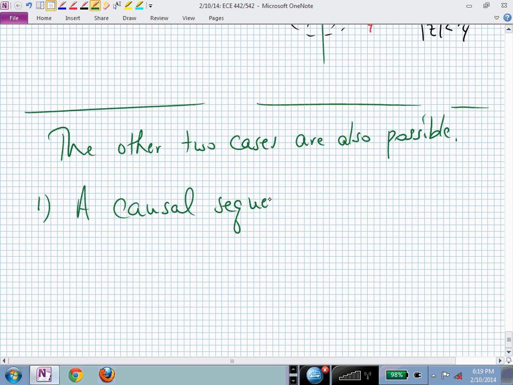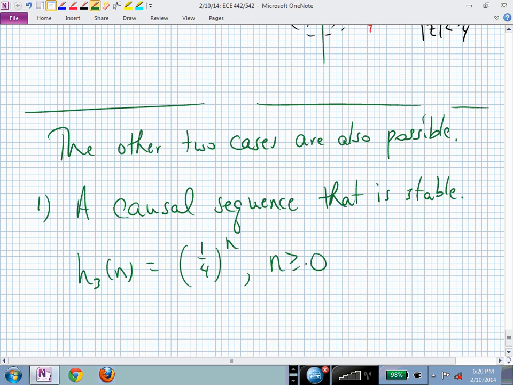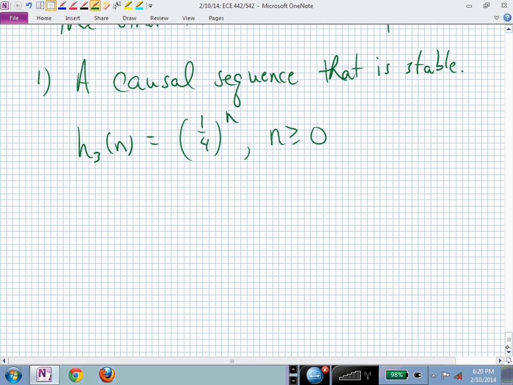A causal sequence that is bounded or stable. Now I just have to have my modes or my poles inside the unit circle. Let's say 1/4 to the n, and it's causal. n is greater than or equal to 0. And what's the region of convergence look like here?